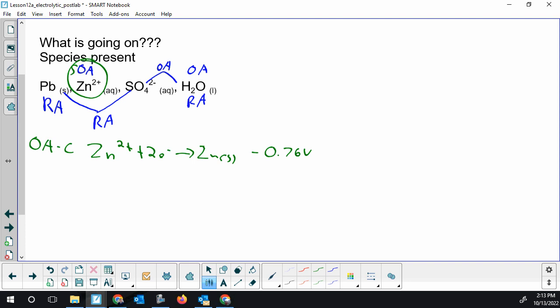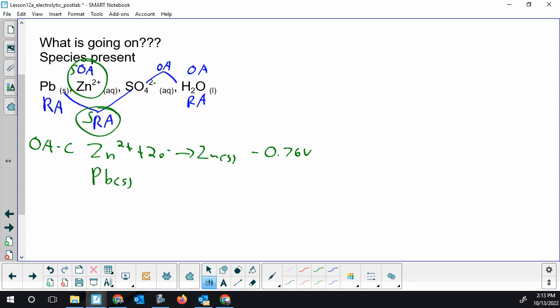Our best reducing agent, we've got lead. We got that lead sulfate pairing below it on the RA side, so that's even better. Water is fairly up high, so it's a pretty poor reducing agent. So that lead sulfate pairing is actually our winner. So if we missed it, it would be incorrect with our prediction. So we have to flip it from what's in the table.